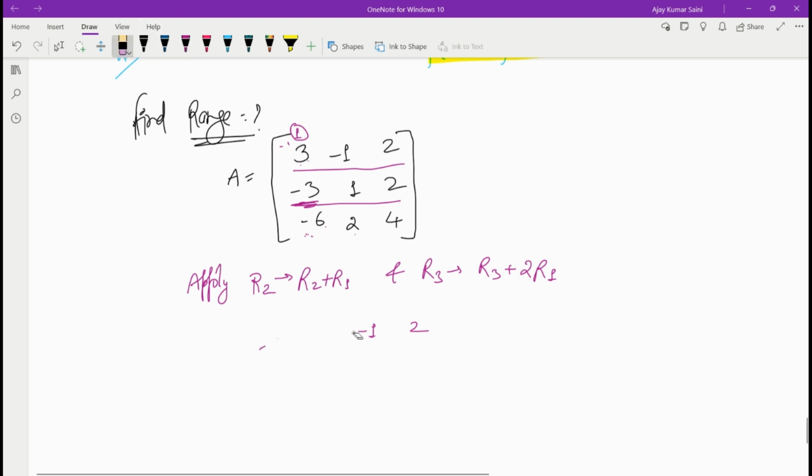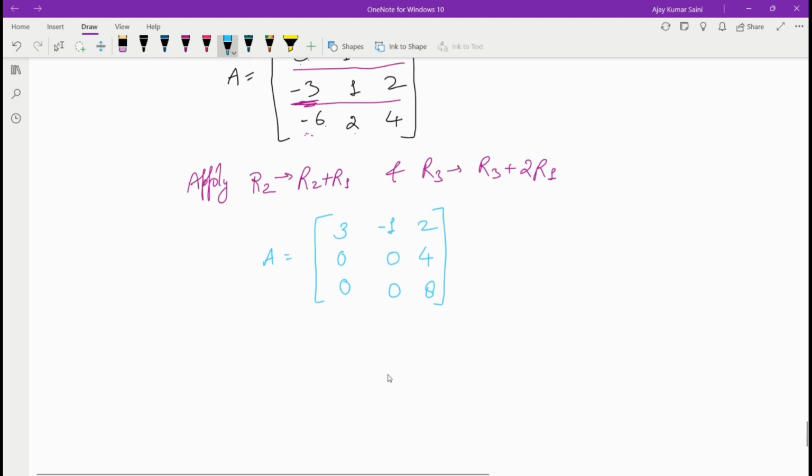After adding these two, it is 0, then 0 and 4, then 0 and also 0 and 8. Now again I apply R3 goes to R3 minus 2R2. What do I get?